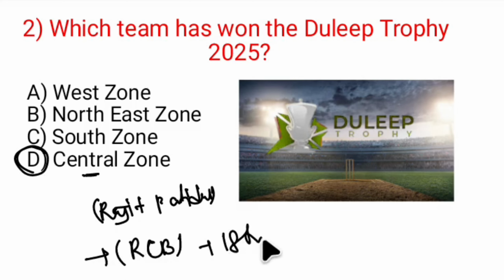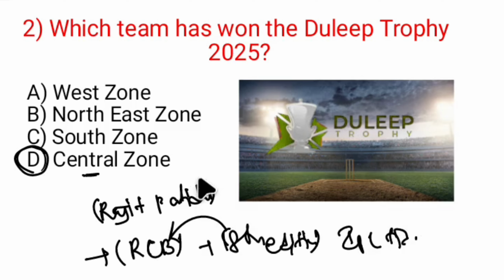In the 18th edition, RCB won the IPL title under the captaincy of Rajat Patidar as well. So Rajat Patidar: RCB title and this Duleep Trophy 2025 title. So the answer would be Central Zone by defeating South Zone, which for question number 2, option D is the right option.